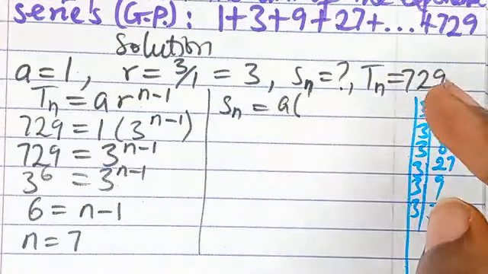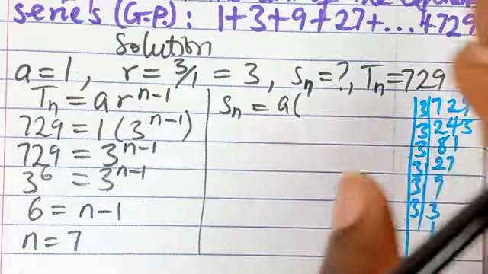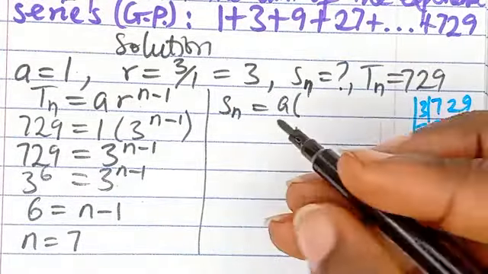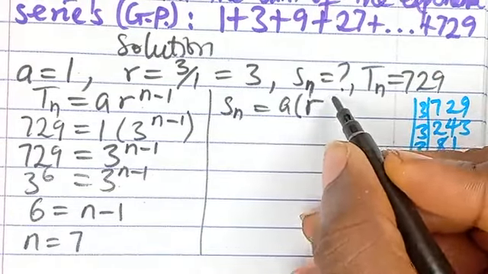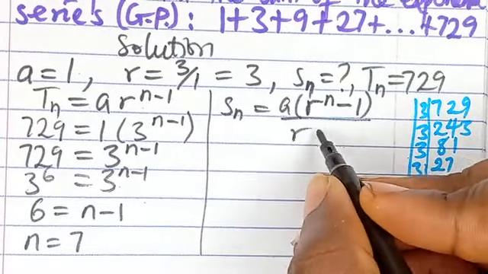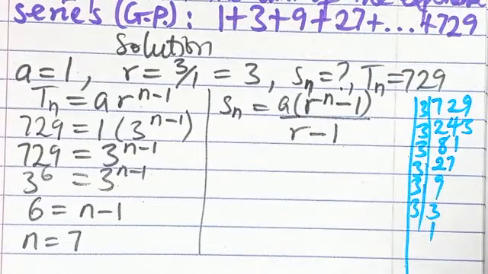If it's greater than 1, then it should be subtracting 1 up and down. If it is less than 1, then 1 should be subtracting it. Now we can see it is equal to 3, right? So it is greater than 1. So we have r raised to power n minus 1 over r minus 1, since it's greater than 1. So we can have a positive value.